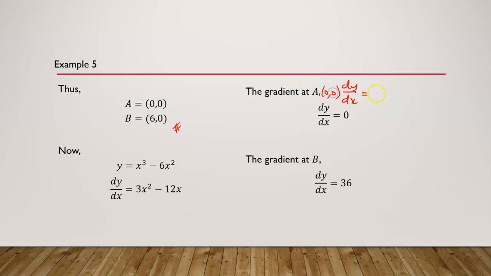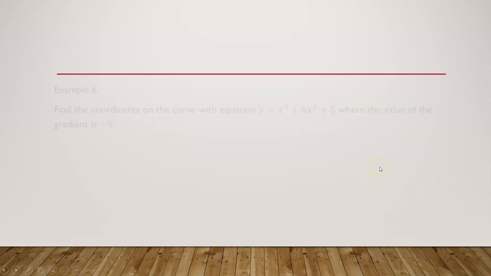So dy over dx is 3(0) squared minus 12(0), so you will end up with 0. At B, (6, 0), how do you get 36? dy over dx is 3(6) squared minus 12(6), you will get 36.